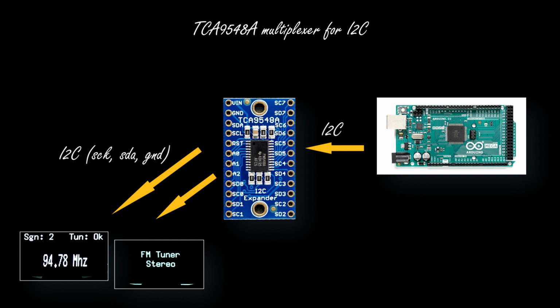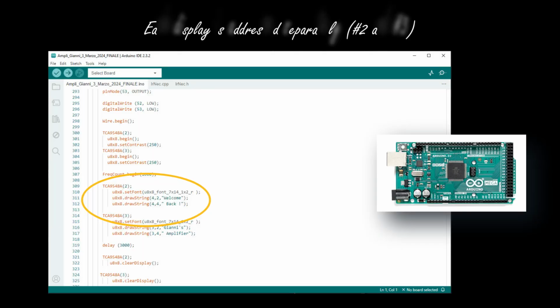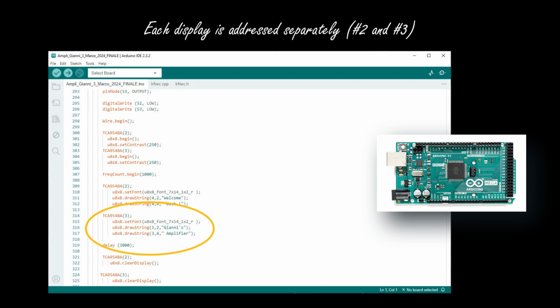So this card makes two I2C outputs available for the two OLED displays. The card makes other two connections available, but in my case I will not utilize them. And here you can see the deployed code. As you can see here, I have to send information to each one of the two displays separately.